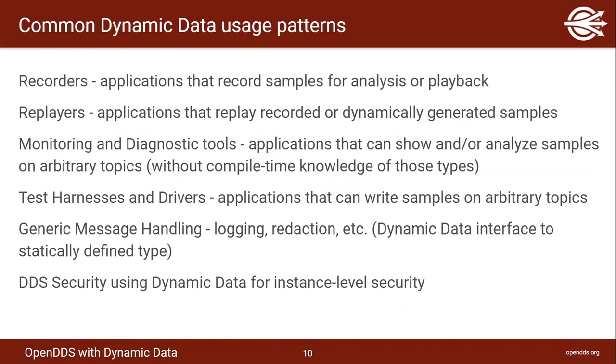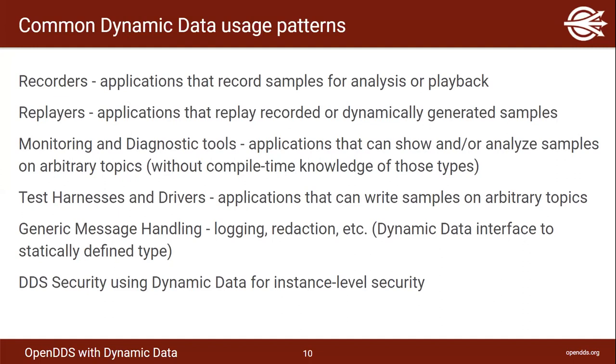So how would you use dynamic data, or what are some common use cases? The first two here kind of come in a pair, and that is you can create a recorder. An application could record samples for analysis or playback. In this particular case, the recorder doesn't necessarily care what the structure of the topic was, other than it wants to record that data so that another application can analyze it or play it back.